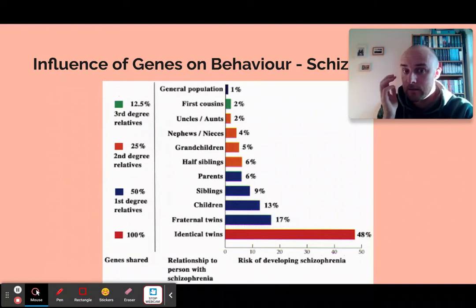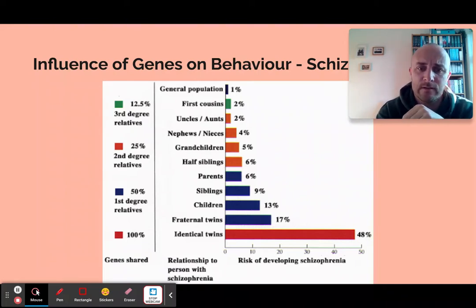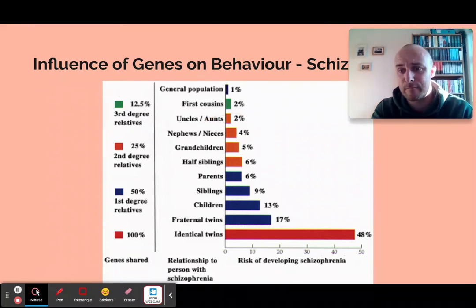And essentially, the closer you get in terms of relatedness to the person with schizophrenia, the more chance you have of getting schizophrenia. So basically, if your aunt gets schizophrenia, you have a 2% chance of developing schizophrenia, right?